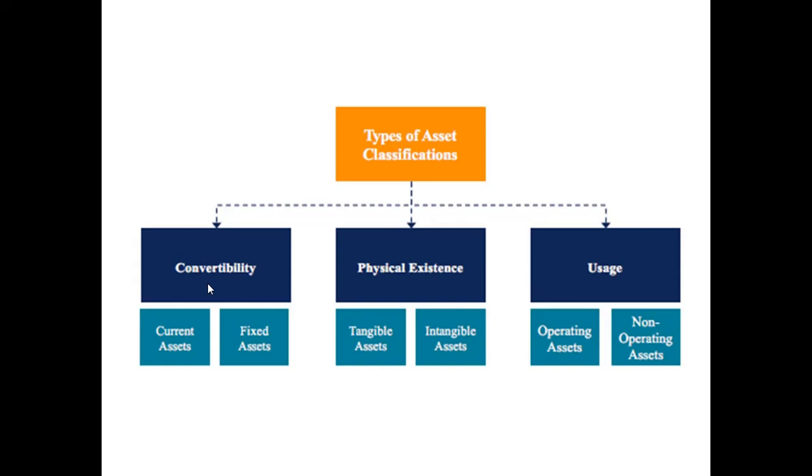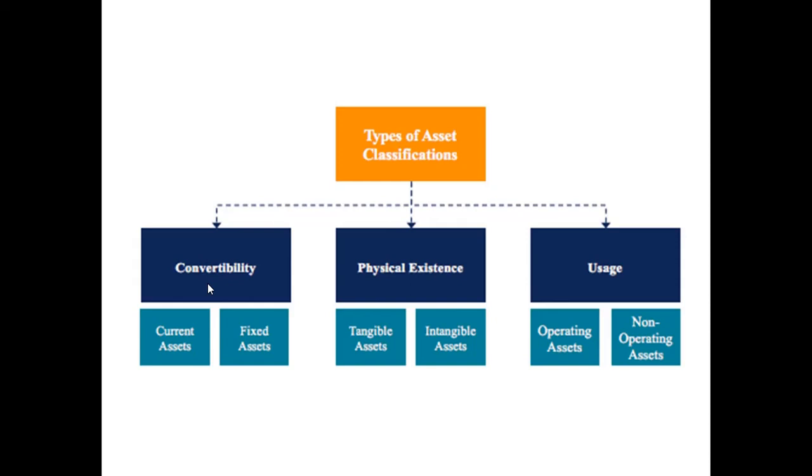If you purchase a house, do you think that after 1 year that house will be diminished? No, it will not be. You can use that house after 1 year also, and the next year, and the next year, isn't it? So that is your fixed asset, the benefit of which can be obtained beyond the accounting period.